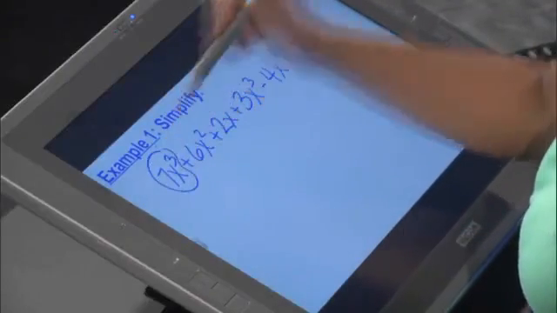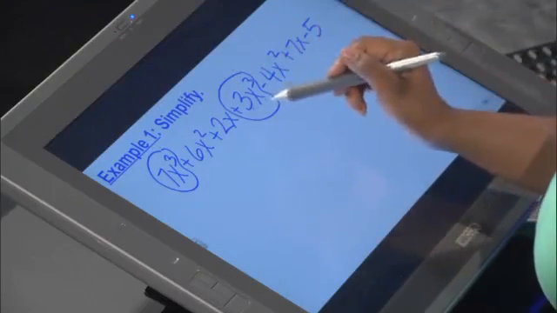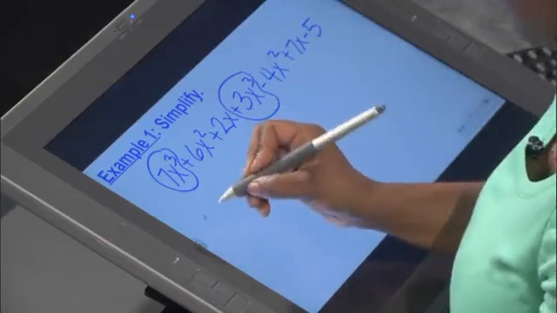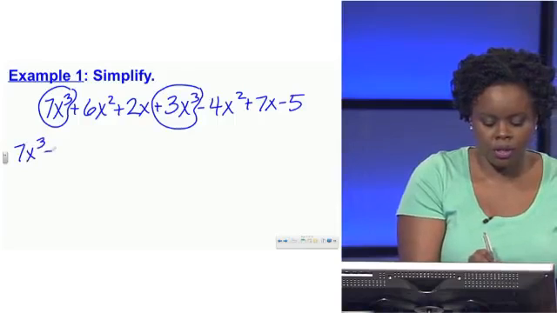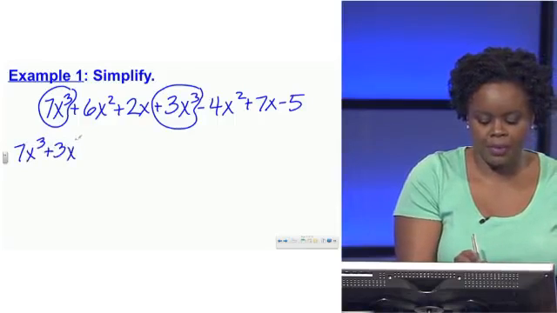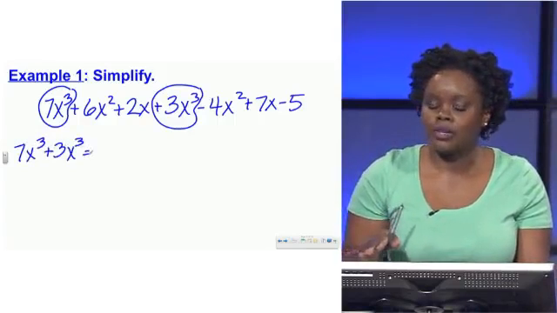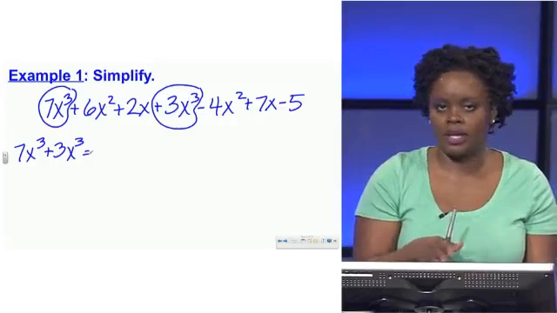I've got this 7x cubed and I've got this 3x cubed. And you notice how I took the sign out front because it tells me the sign of that term. I'm going to come off and do some scratch work over here. So 7x cubed plus 3x cubed. Now here we're just adding like terms. We're not multiplying anything together, so we're not going to change the value of our exponents because we're not finding any products here.